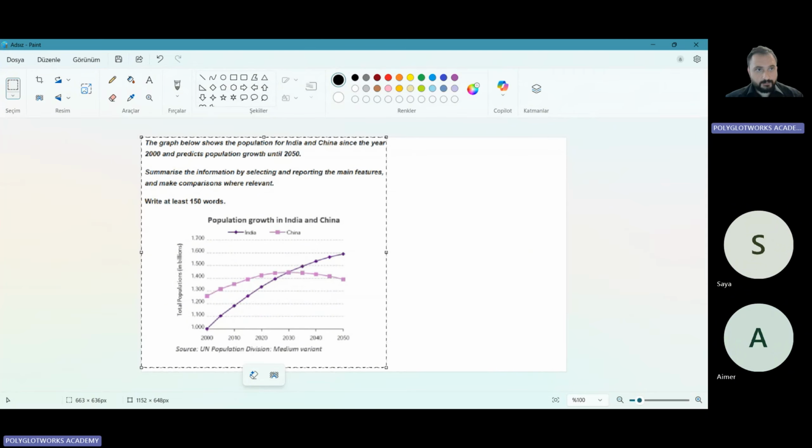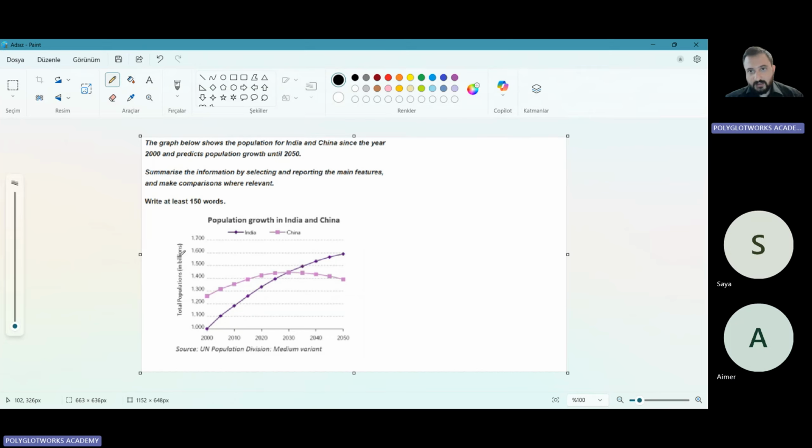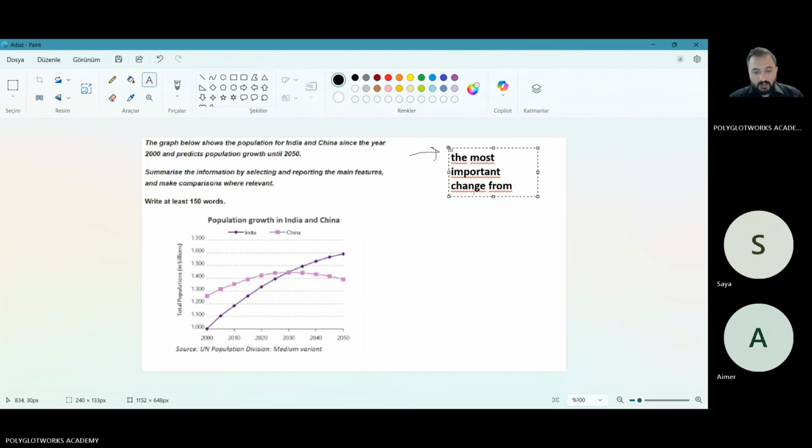Perfect. So, generally, if you like to write an article, for introduction, you need to give me the most important, I mean, significant change from beginning till end.